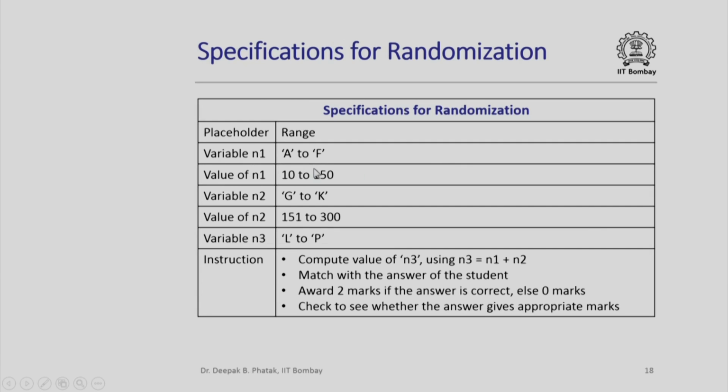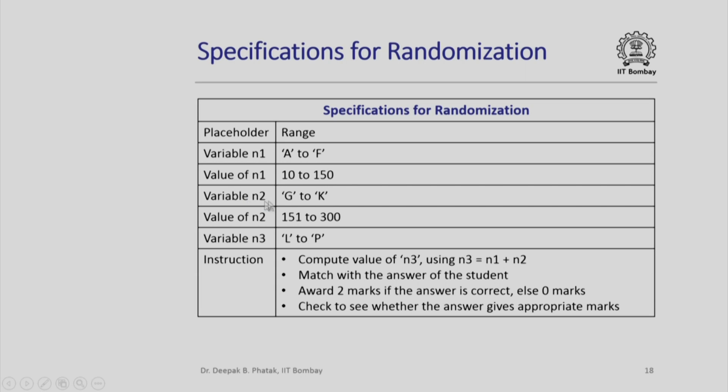Now we have to specify randomization. So, this could be the specification of randomization. We say the placeholder is a range. We want variable N1, that means whatever we have used as N1 should be replaced by a symbol which is between A and F. This is an arbitrary range. We specify that the value of N1 itself should be between 10 and 150.